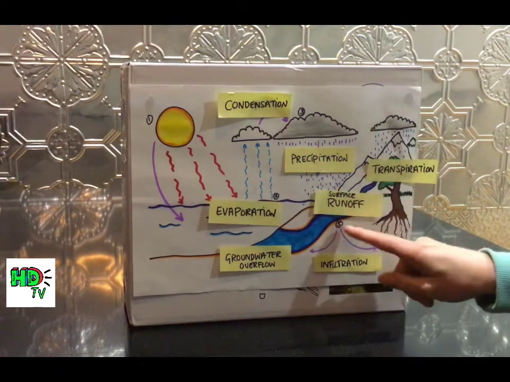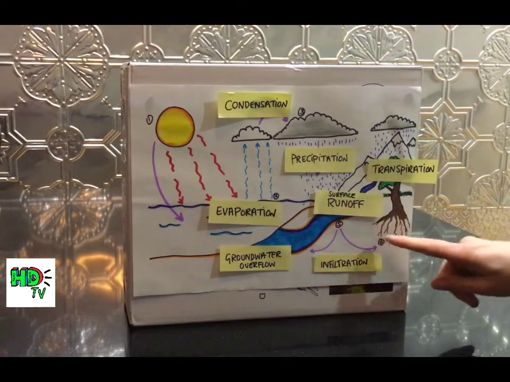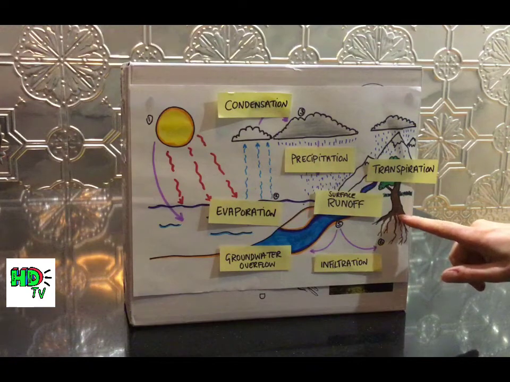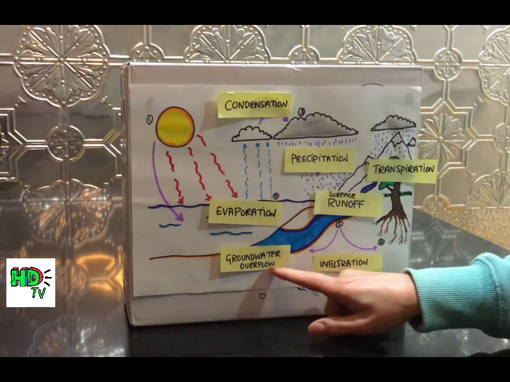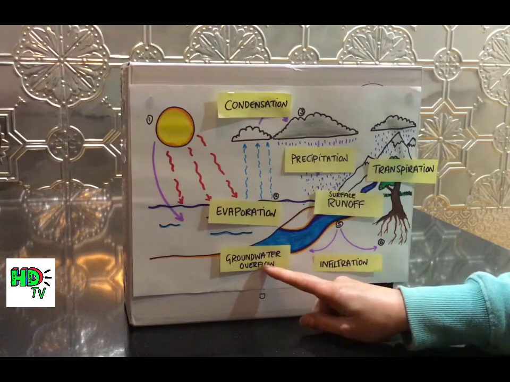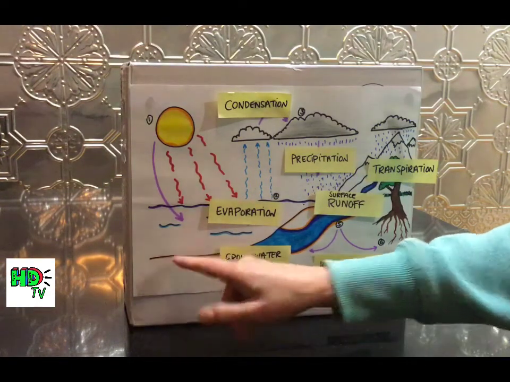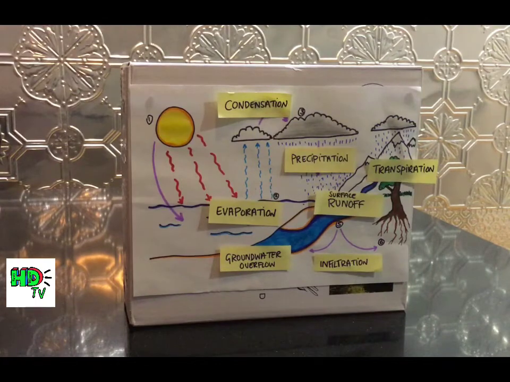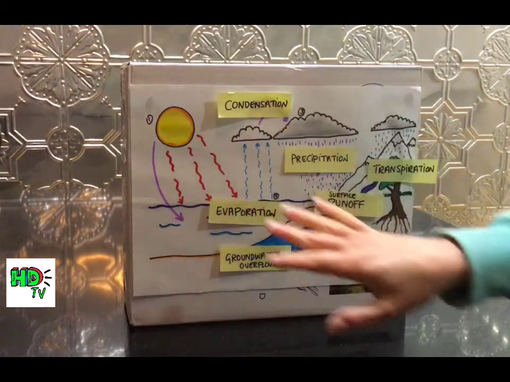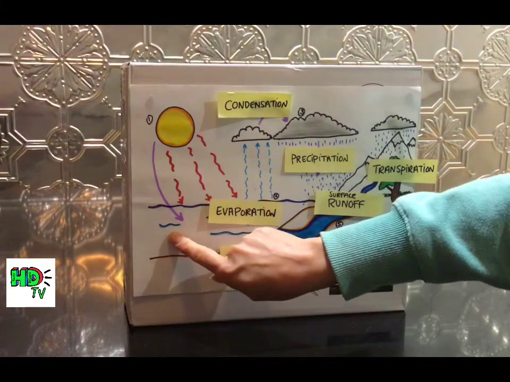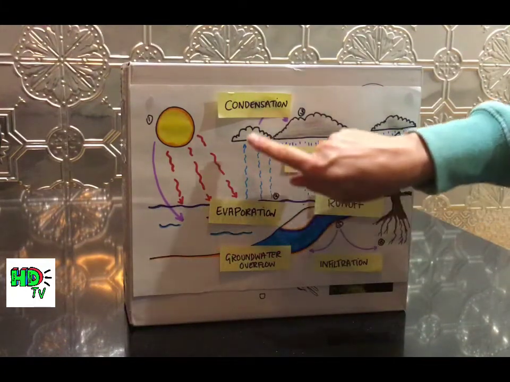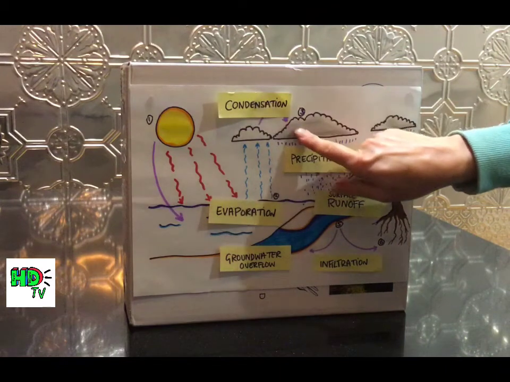So once it reaches the ground, it can either go towards the trees and all of the greenery, or it can come down into the ground, come into the groundwater overflow and flow back into the liquid, the body of water there. So it's really interesting that we start with a liquid which becomes a gas, which rises up and becomes a liquid once more.